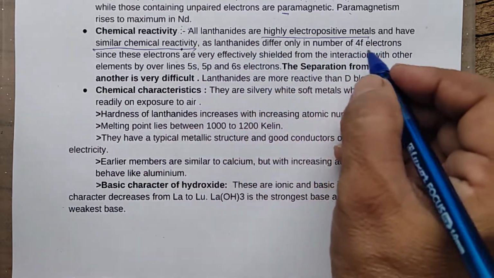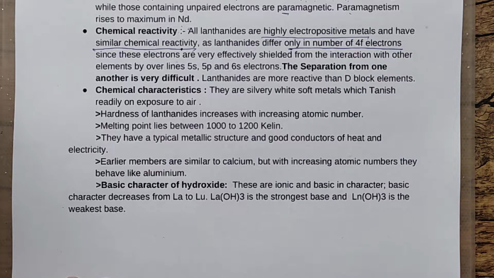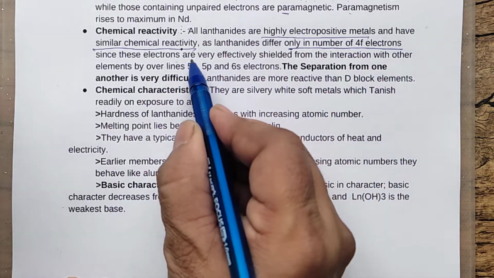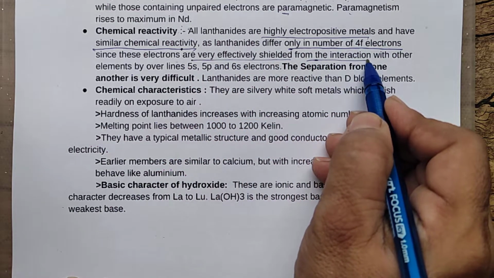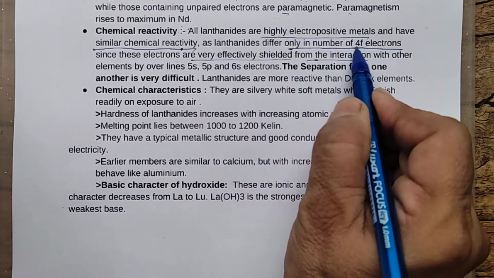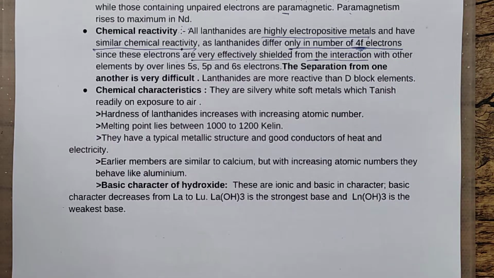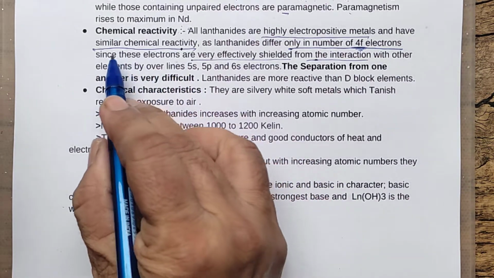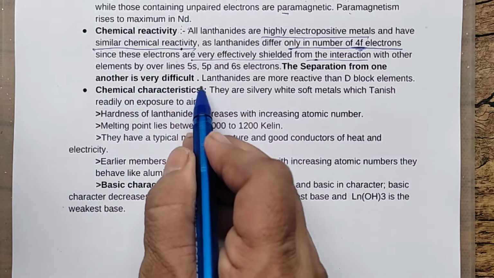Because the lanthanides differ only in the number of the 4f electrons, and these 4f electrons are very effectively shielded from the interaction. So that means 4f electrons will not be able to participate, and the number of the electrons in the other orbitals are the same in them. Therefore, their properties are the same, and the separation from one another is very difficult.